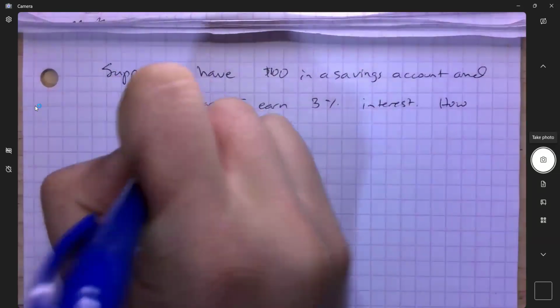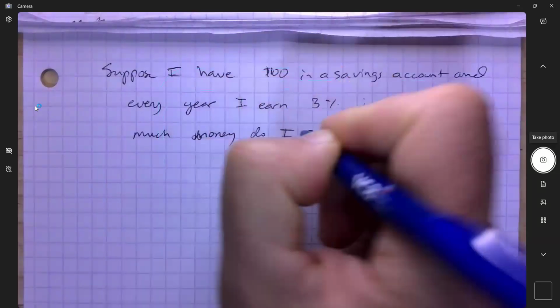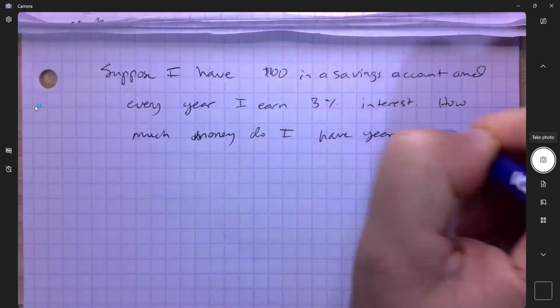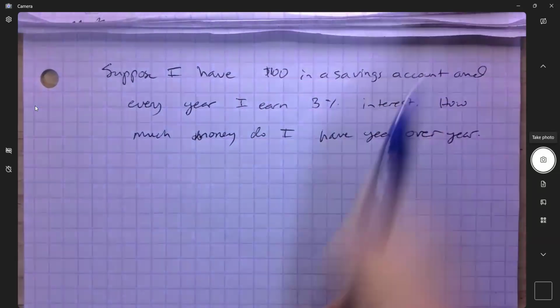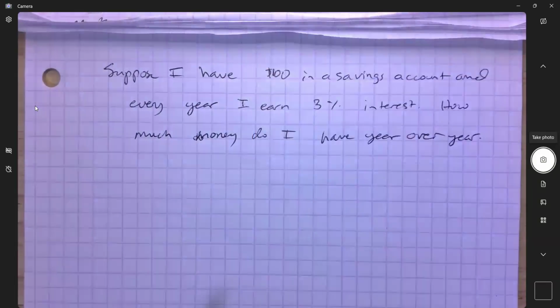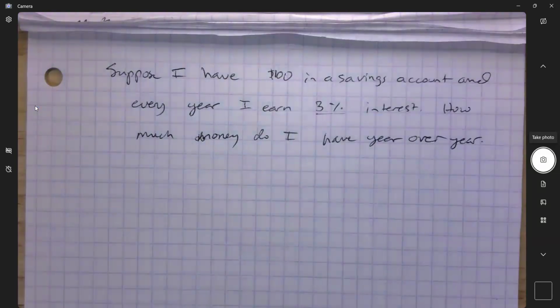How much money do I have year over year? So again, we look at this and we decide, aha, it's changing by a percentage, so it must be exponential.